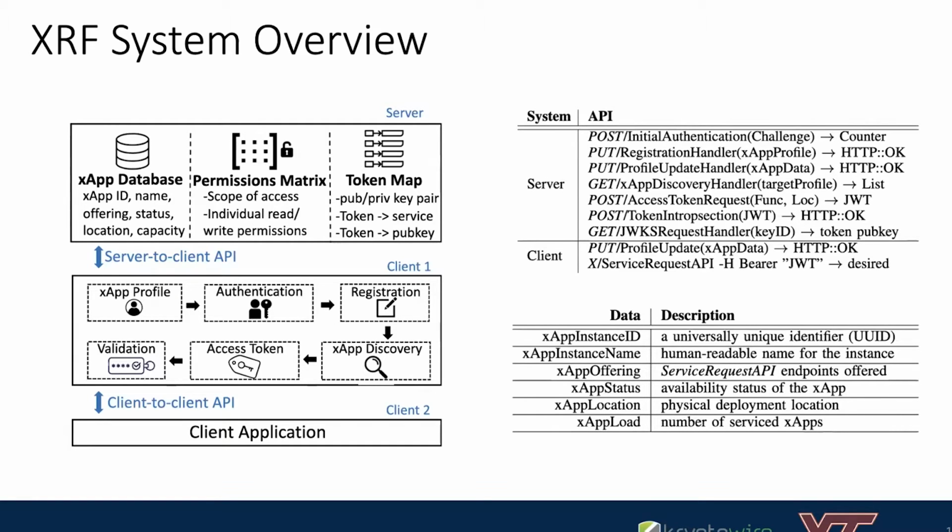And finally, we have this token map, which is essentially a public-private key pair mapping that keeps track of which specific tokens XApps are using to access which resources, so that tokens can be revoked or renewed independently, or dependently, between the XApp and the actual requested resource. So that is the server.